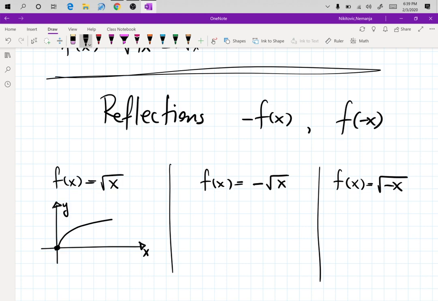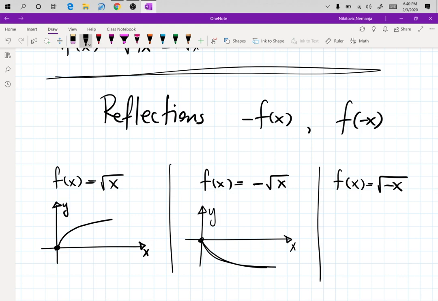What is happening with the other graphs? Well, the minus sign in front of the function, no matter what function you have, 1 over x, you can have x squared, the minus sign in front is going to make the reflection on the x-axis, so this graph is going to go below the x-axis.